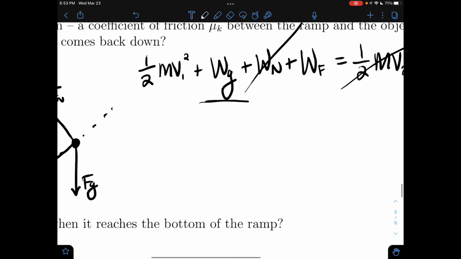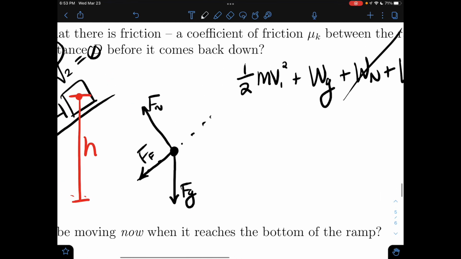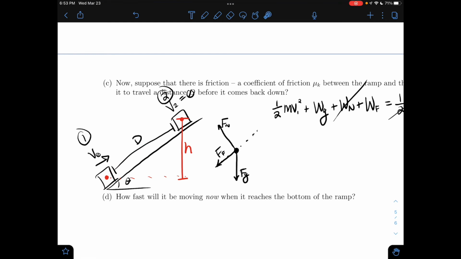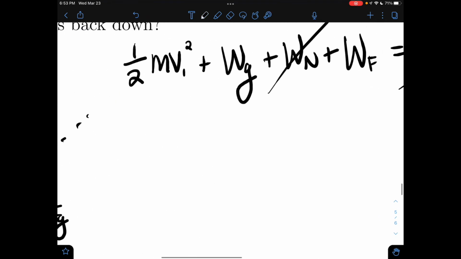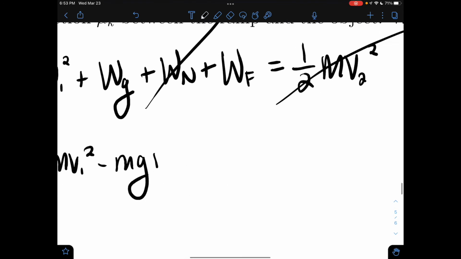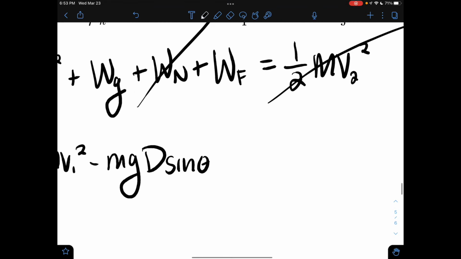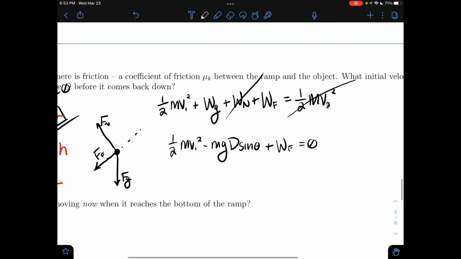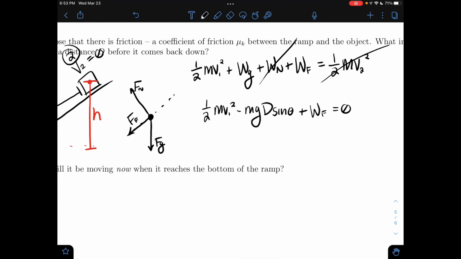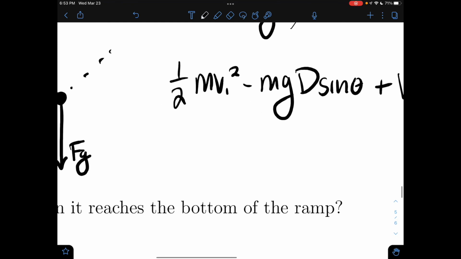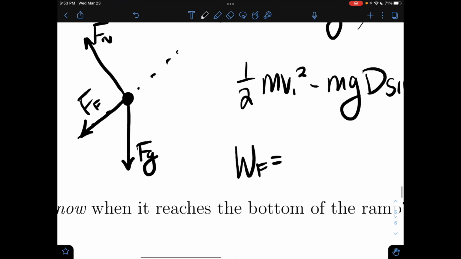Gravity is doing the same thing it just did, with mg times this h, because we want it to go the same distance. The only difference now is we have friction involved. So we have 1/2 mv1 squared minus mg d sine theta, plus our work from friction equals 0. Now we just need to figure out the work from friction. Our work from friction is our force of friction times the displacement.